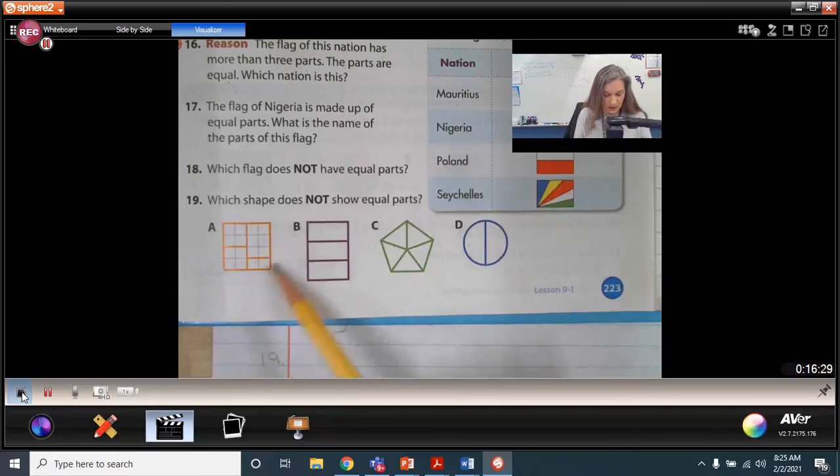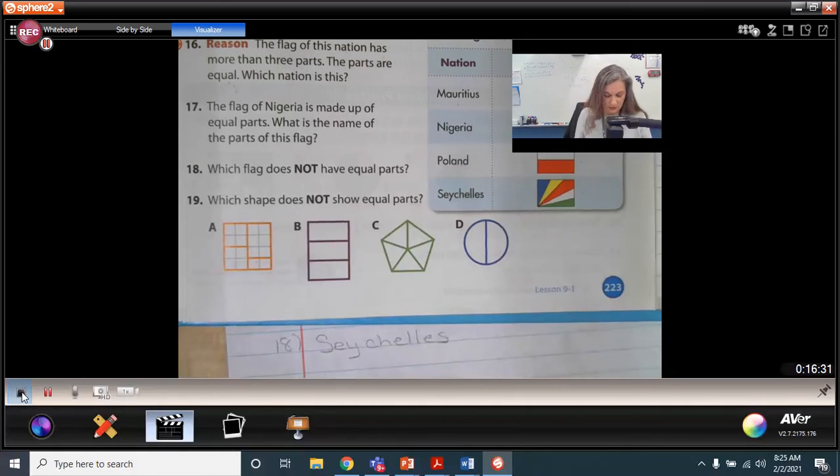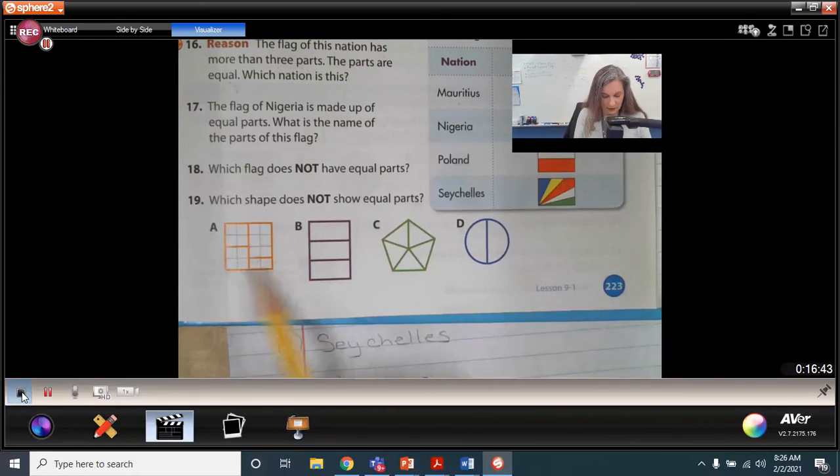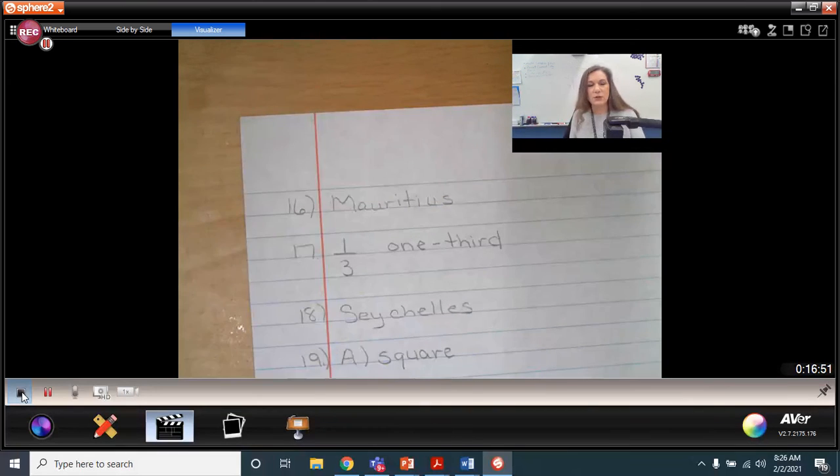So this square does not have equal parts. And please put the word square next to your answer, square. So if the line was right here, these would all be equal parts. However, they are not, as you can see.